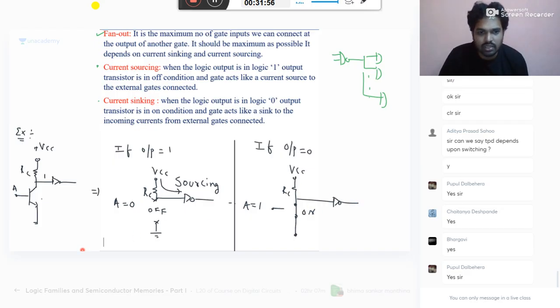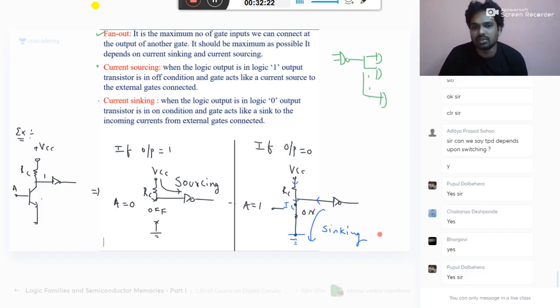So what happens now is it will collect all the currents from this source and this also. It will act like a sink for the incoming currents. So this is the current you will be getting. How much current will it sink? This much current and this much. Every current will be sunk through ground.